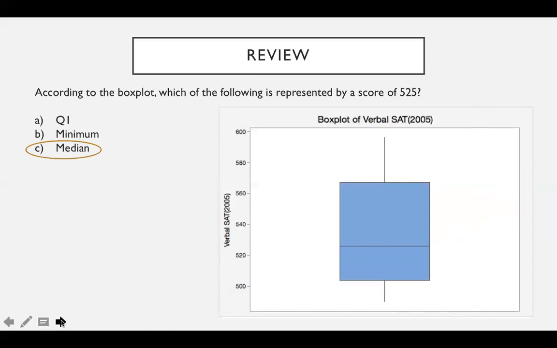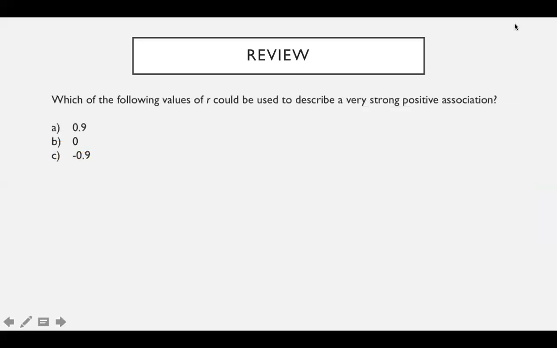not exactly, but great job. Okay, so which of the following values of R could be used to describe a very strong positive association? Okay, so our answer here is A. Keyword here, there's two keywords, strong and positive.